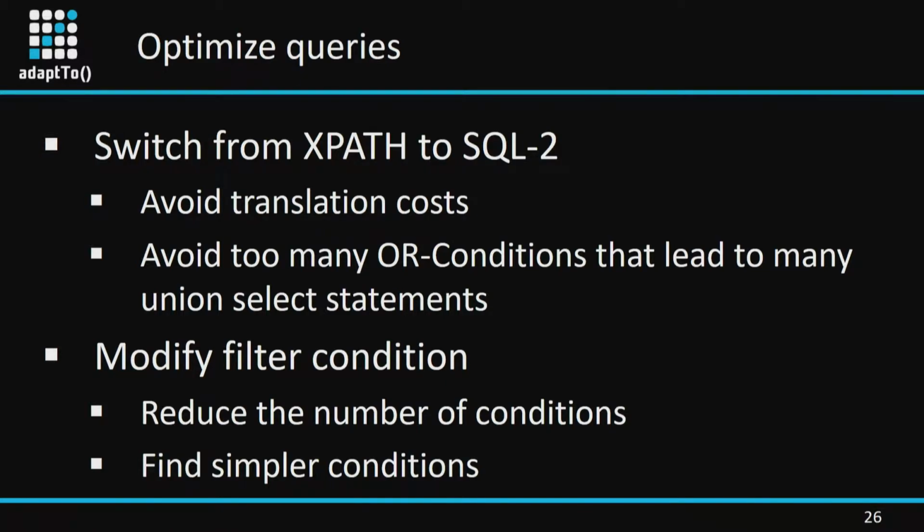So one optimization could be to switch from XPath queries to SQL2 directly, so you can avoid translation costs. Translation costs are not that high, but at least the parsing step and the optimizing step are omitted.